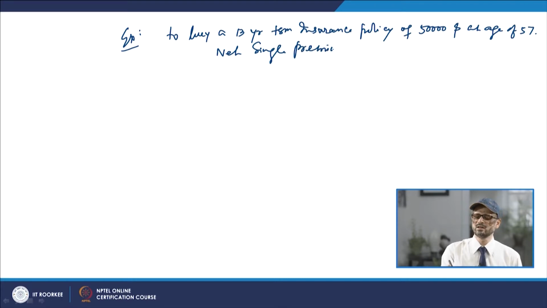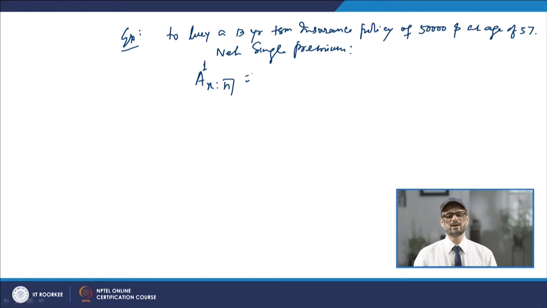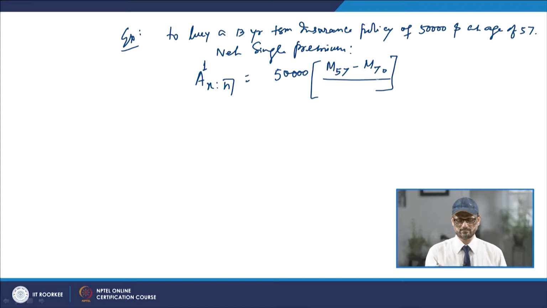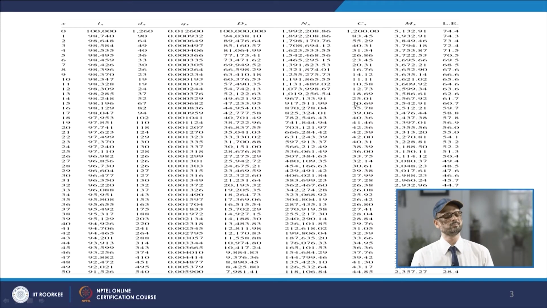Now in that case if you find A^1_{x:n}, that will be F, so that is 50,000, and then you have to multiply with the factor M_x, so M_57 minus M_{x+n}, so that is 57 plus 13, that is 70, and then divided by D_57. You can get these values from the table.